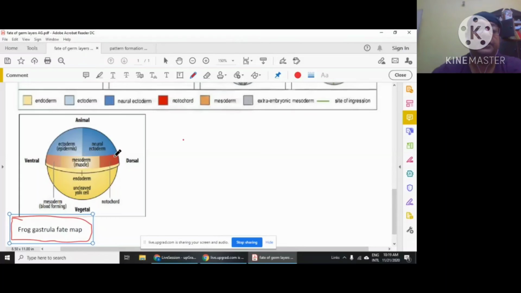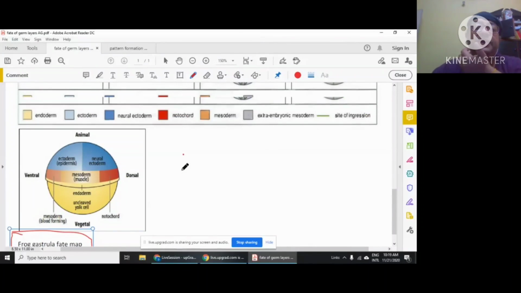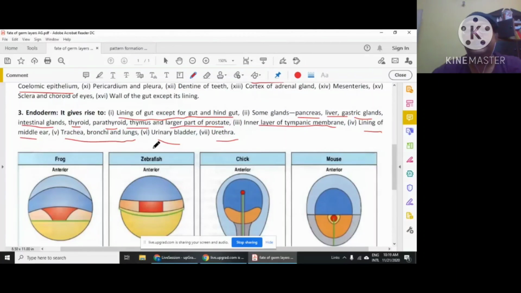Then this region will form the muscle, and this the blood. Then this region will form the endoderm derivatives. We have read what the endoderm derivatives are. All these things are formed from the endoderm. So you need to remember all these things.